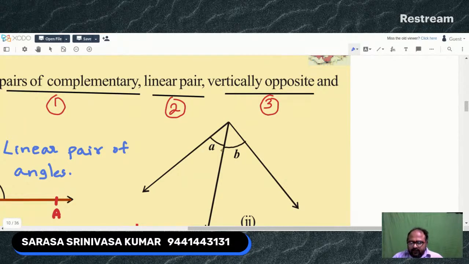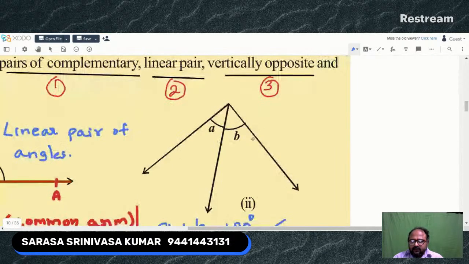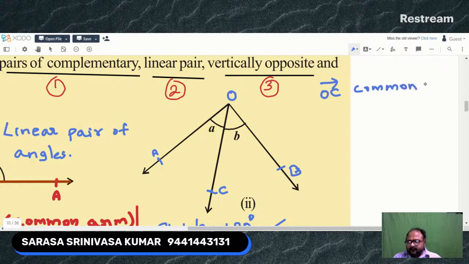Here, angle A and angle B. This is O, the point A, and point B, and C. OC is a ray, a common ray.